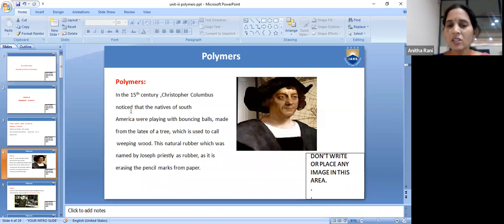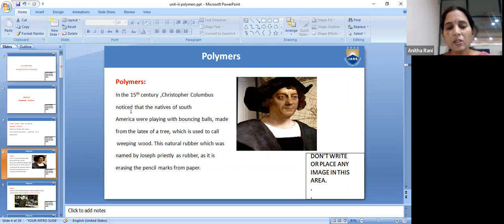In the 15th century, the scientist Christopher Columbus noticed that the natives of South America were playing with bouncing balls made from the latex of a tree, natural rubber. Like in our India, in Kerala, rubber trees are there, named Hevea brasiliensis. We collect latex from that tree.